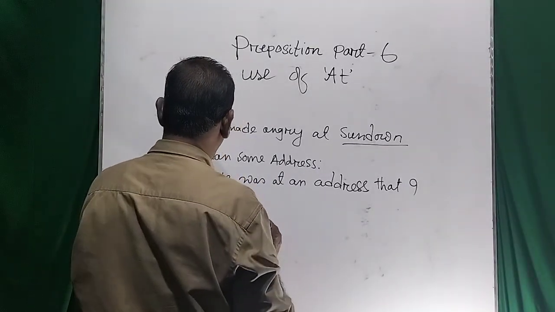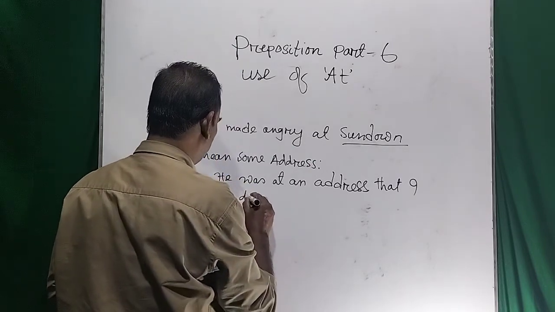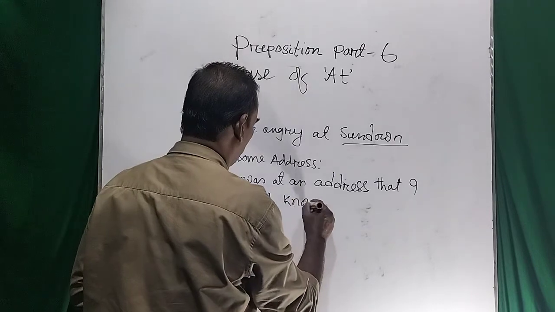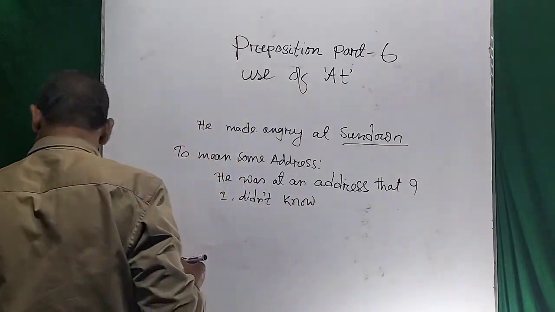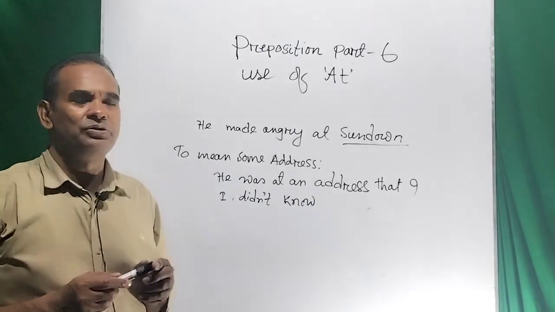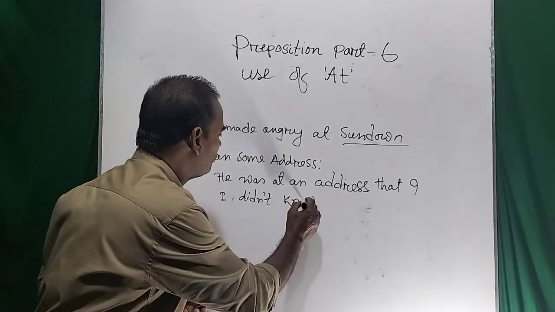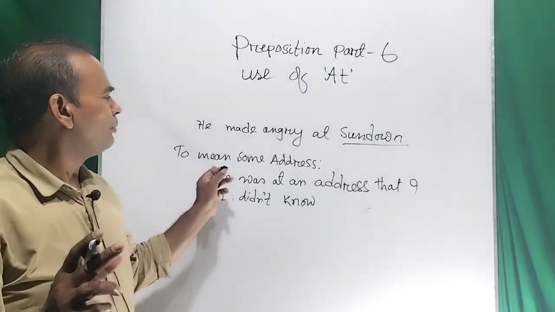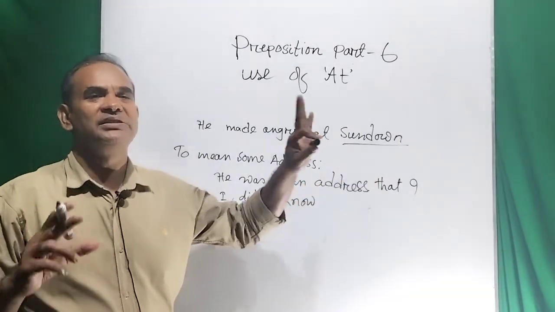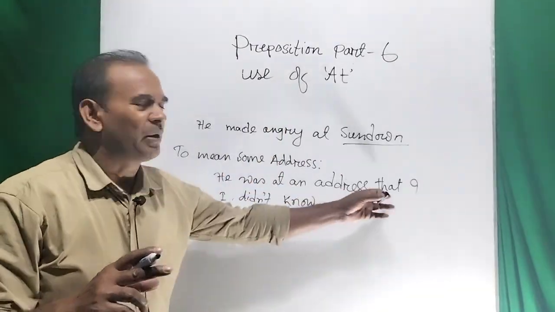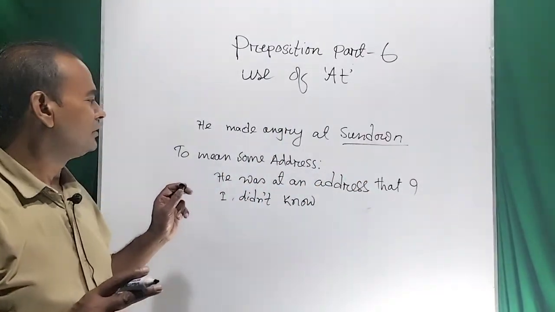You can write that I didn't know. So he was at an address that I didn't know, that was unknown to me. He was at an address that was unknown to me. So to mean some address, we can use the preposition at.